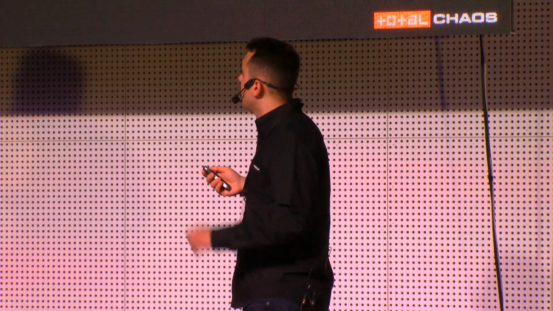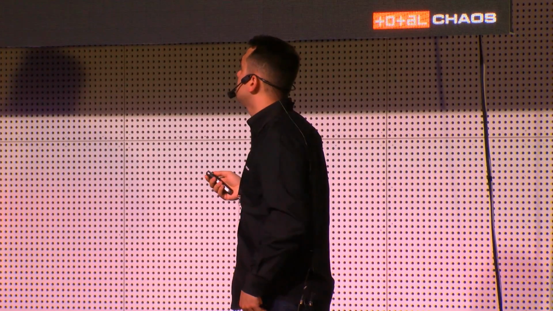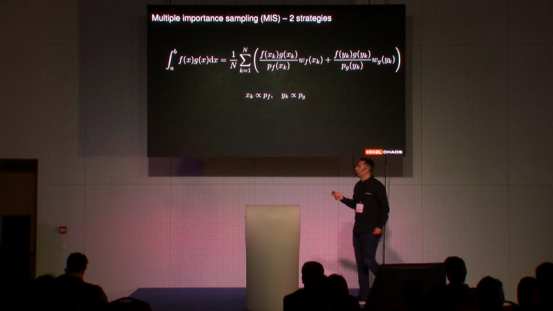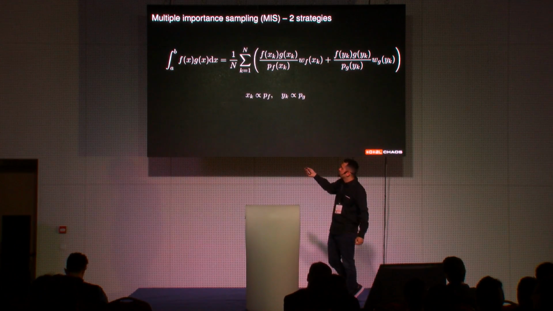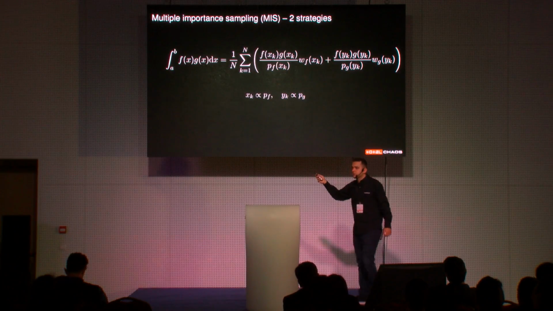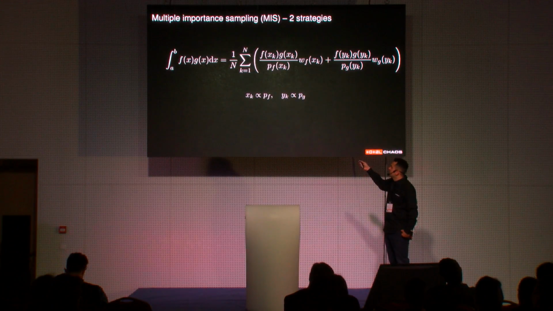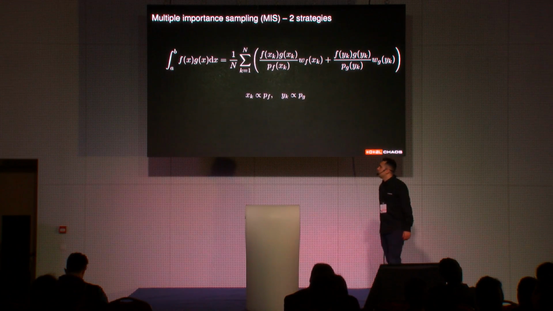And when we cannot sample from a distribution which is proportional to the product of the two functions, we can still have these distributions, and so we can still sample.